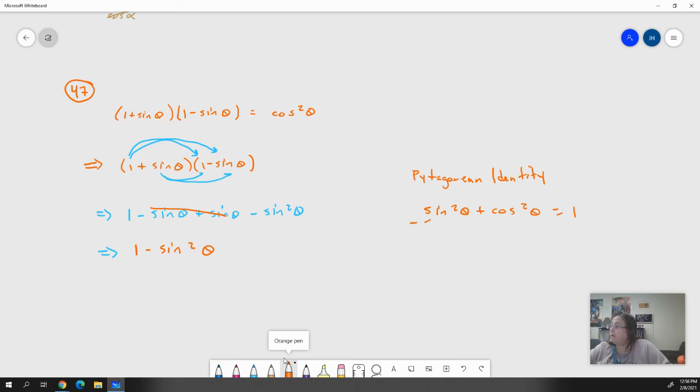If we just subtract sine squared theta from both sides, it leaves us with cosine squared theta equals 1 minus sine squared theta, right? So 1 minus sine squared theta equals cosine squared theta. And that was what we were trying to prove, right? So when we multiply it through, it just equals our Pythagorean identity, and we were able to prove it.